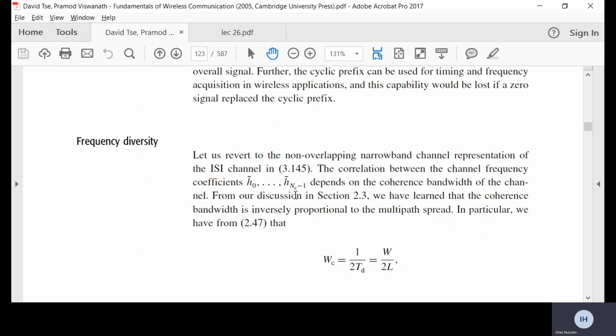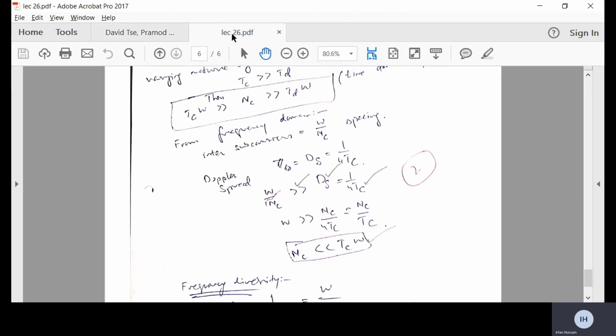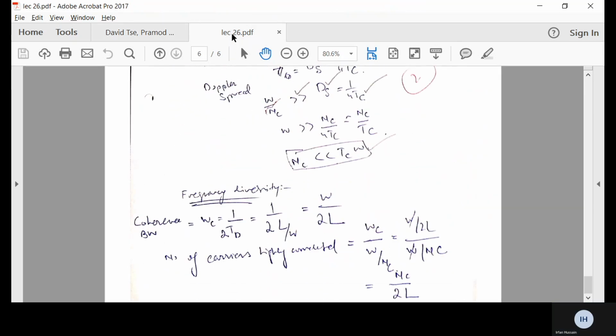Now we know that the coherence bandwidth is equal to 1 over 4 TD, or it could be 1 over 2 TD. In chapter 2, the coherence bandwidth was 1 over 2 TD.